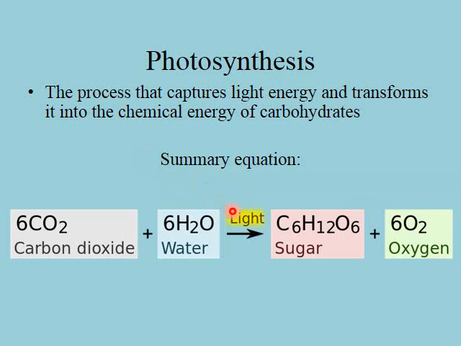So energy is needed to have this equation going in this direction. Light energy is needed, whereas in cellular respiration, the ATP energy is being released. So this right here is an endergonic reaction, whereas cellular respiration is an exergonic reaction, the release of energy.